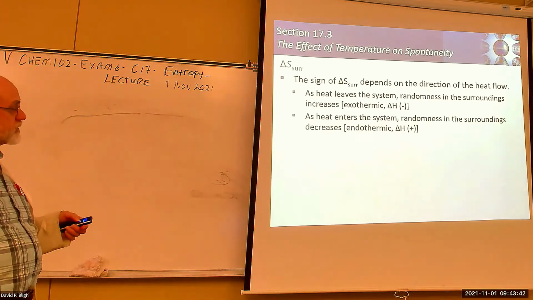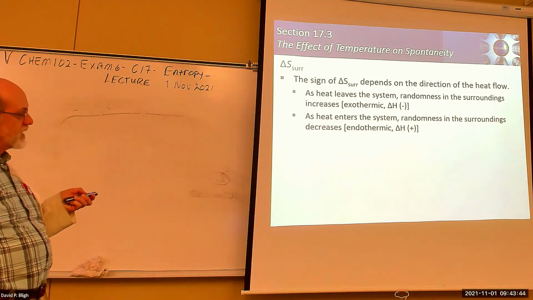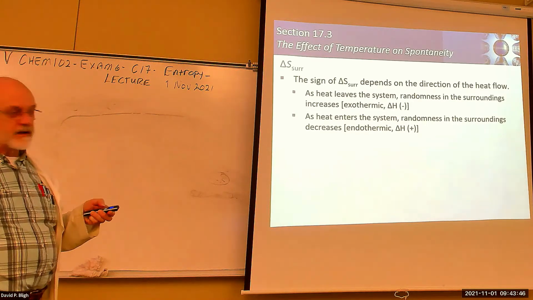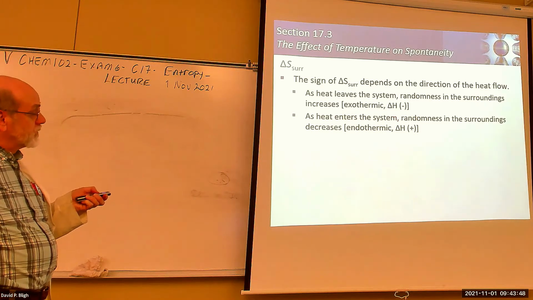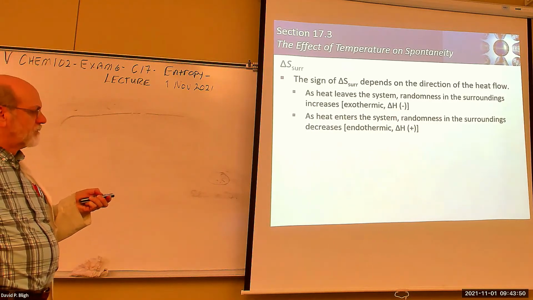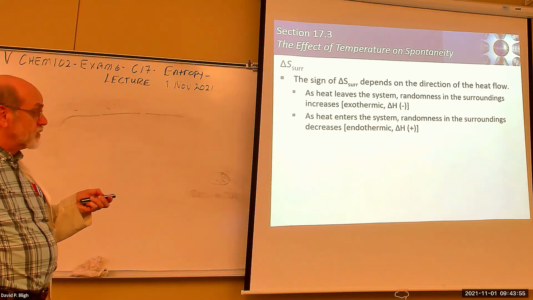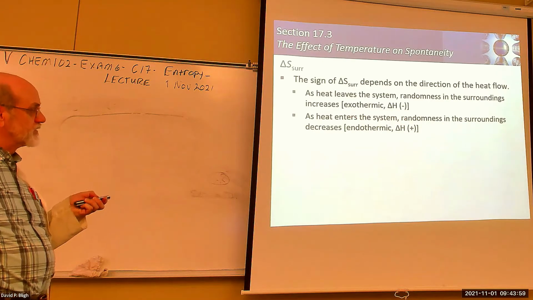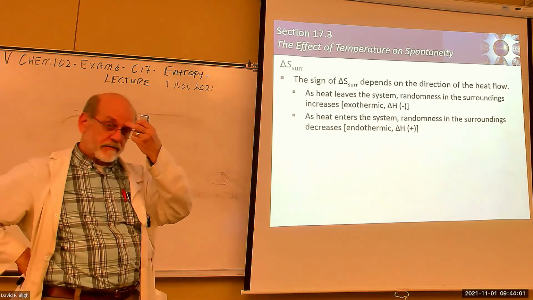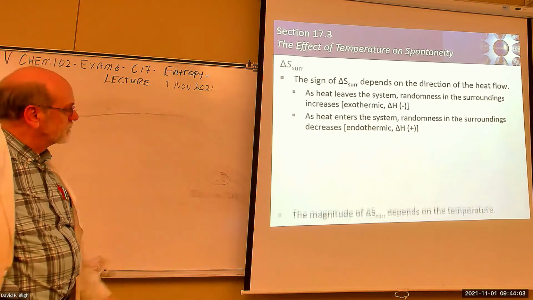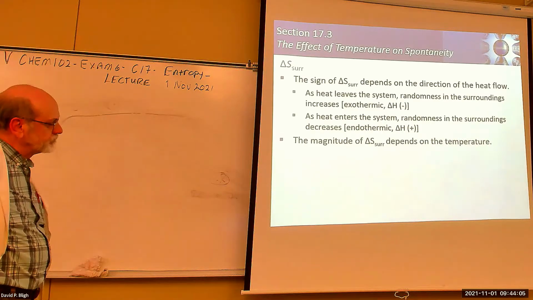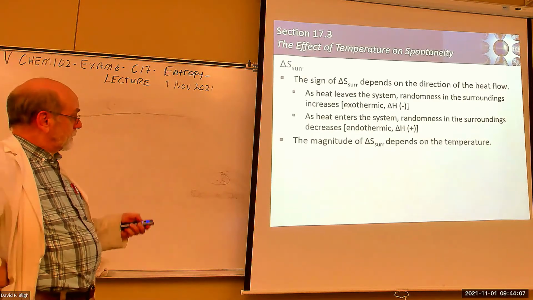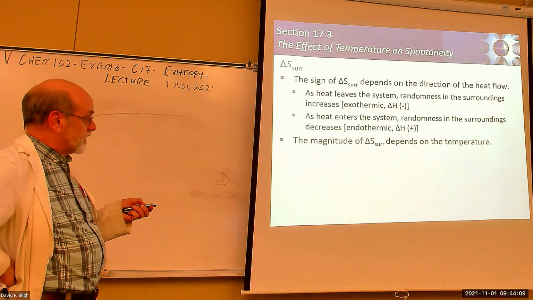But as heat enters the system, randomness in the surroundings has to decrease. Now I would assume that since we're focusing on heat movement, this is energy randomness predominant. And the magnitude of this change depends on the temperature.